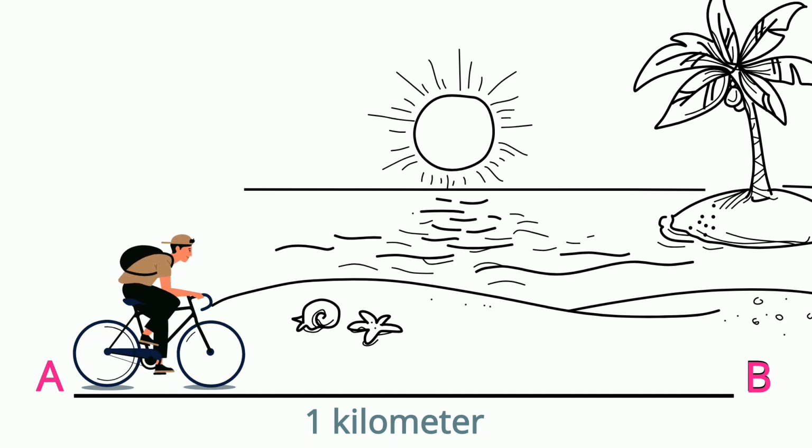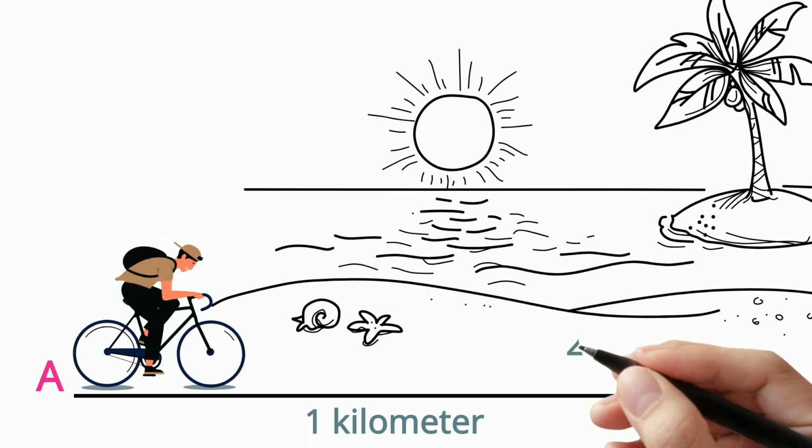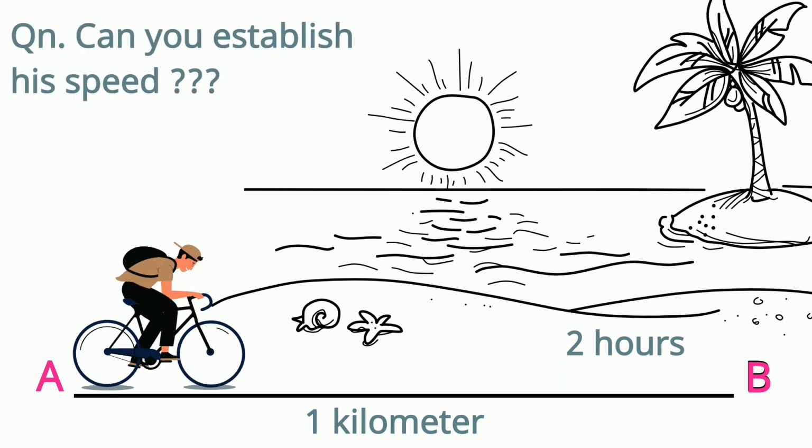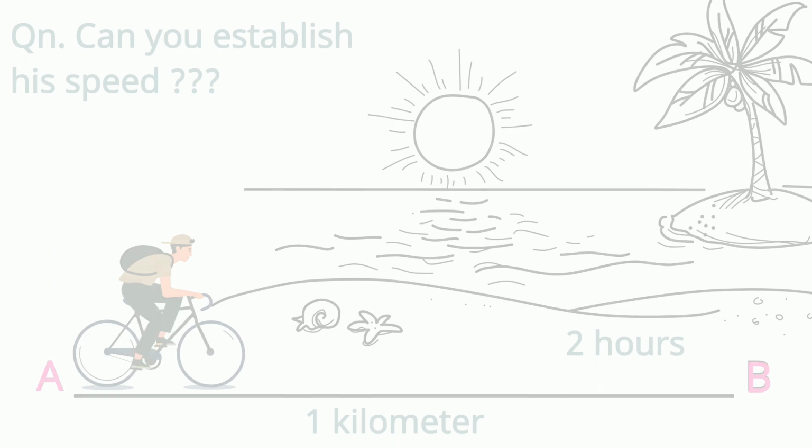Again, let's assume that he will use 2 hours to get to point B. Now, a question comes: can you establish his speed? Well, if you can't establish his speed, don't worry, because in this topic, that's what we are going to learn.